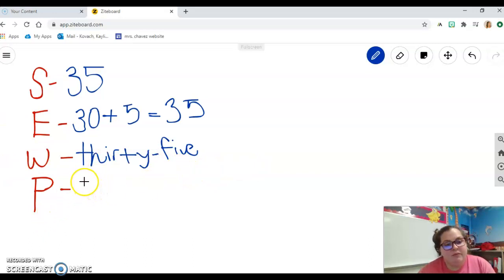Now our picture form, we're going to do our tens first. 1, 2, 3, because we have 10, 20, 30, and we have 5 ones. 1, 2, 3, 4, 5. 35. We had our tens and our ones. The 3's a little sideways. 35.